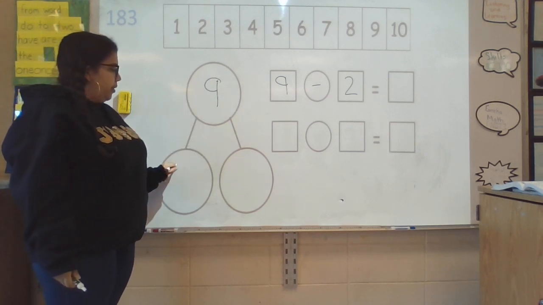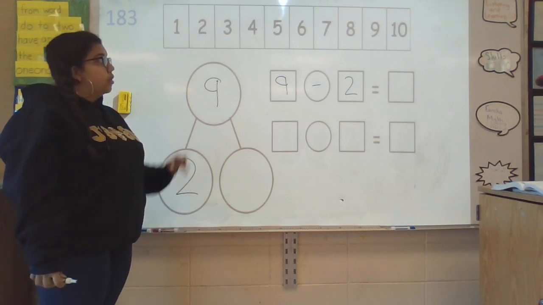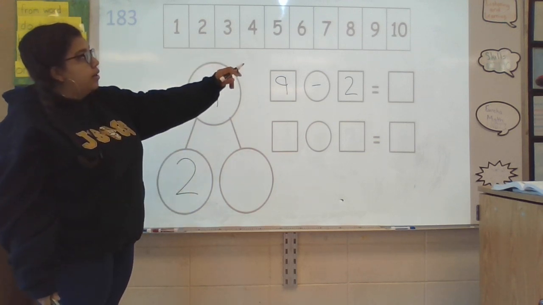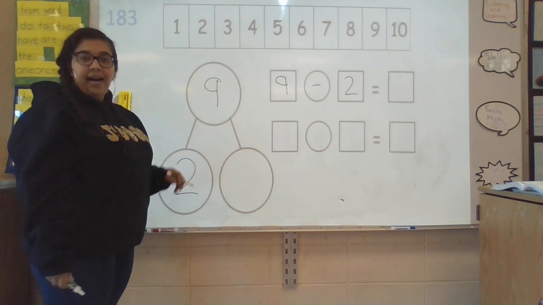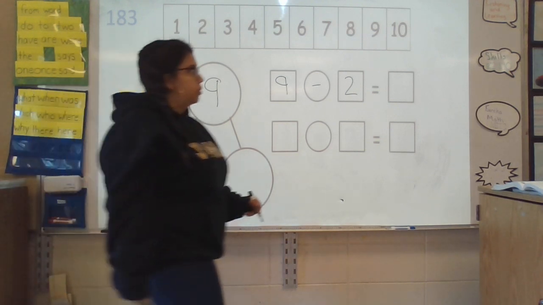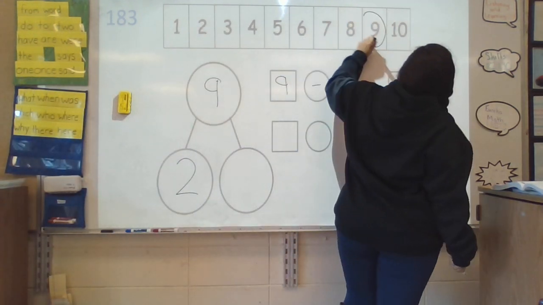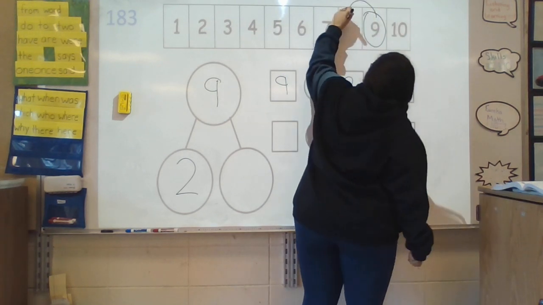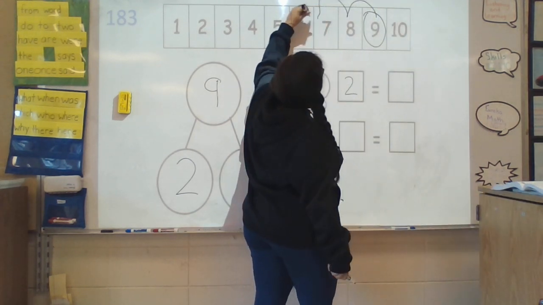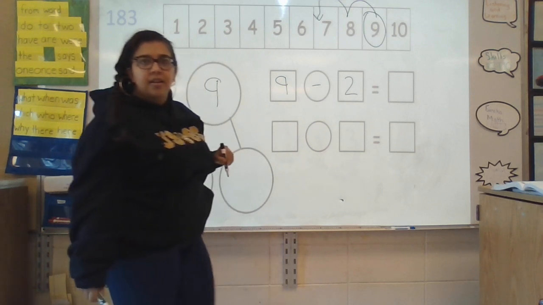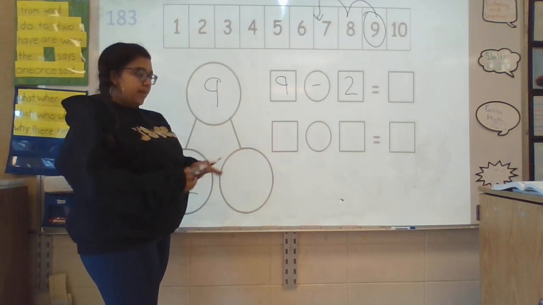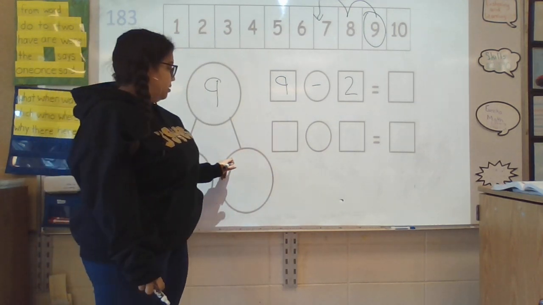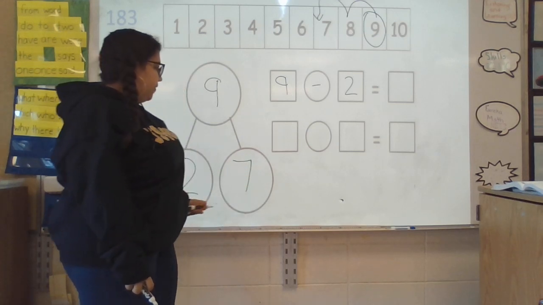We know one of the parts is 2. So on our number path, we circle our whole and we hop. How many hops? 2. Circle the 9 and hop, hop. Where do we land? 7. So my missing part we just established is 7.